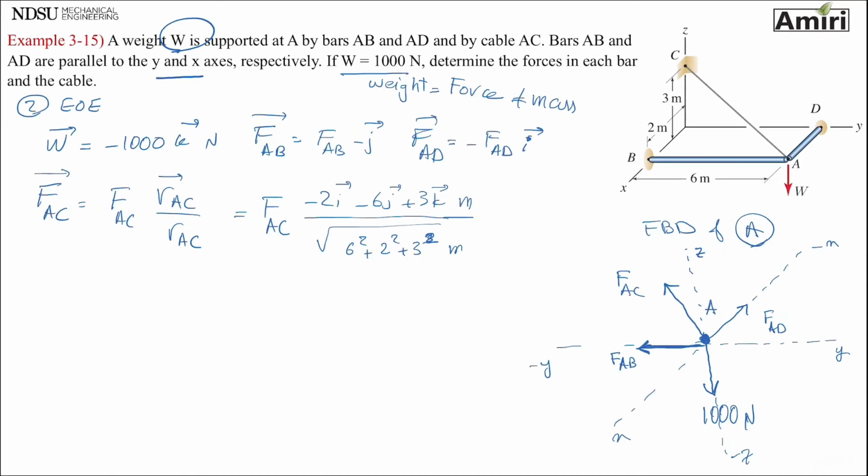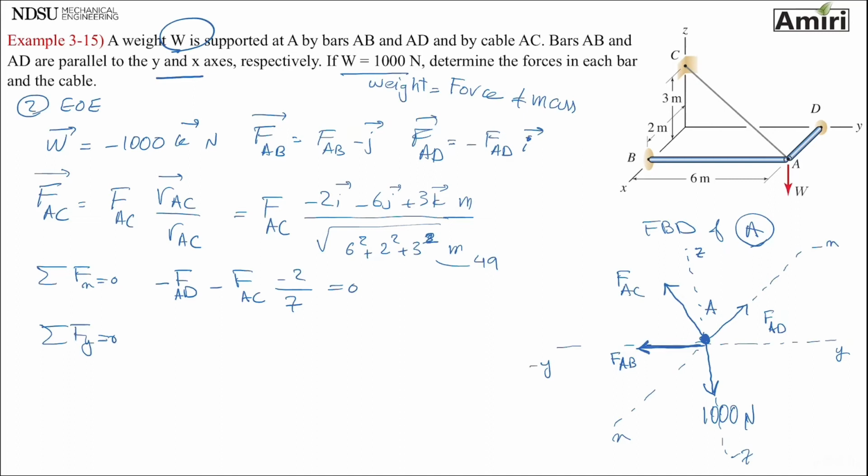So if you're a little bit confused again, I recommend going back to the examples that I did and explained. Okay, summation of forces in X, all the i's together: minus FAD, minus FAC times 2 over 7, because this is 49, equals 0.